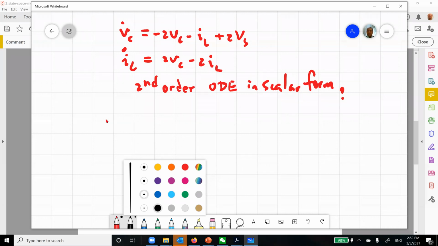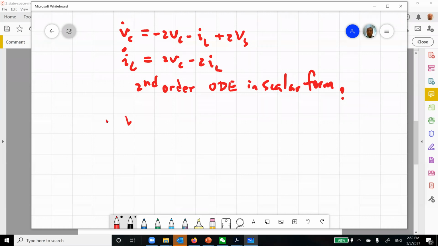If we do it here, let's say, for example, you have VC double dot is 2 VC dot minus IL dot plus 2 VS dot. Then you can say that this is the VC dot, so you can put this IL into here.